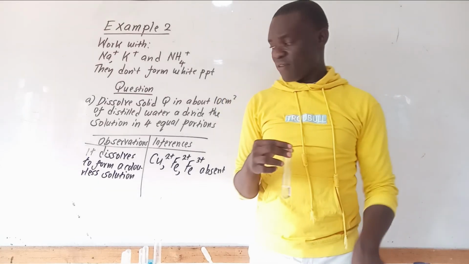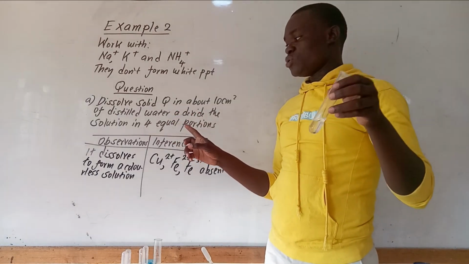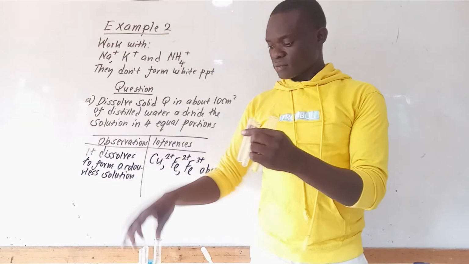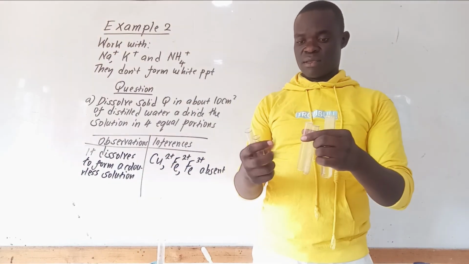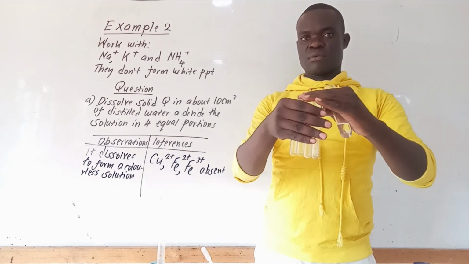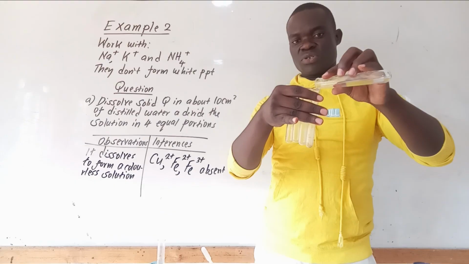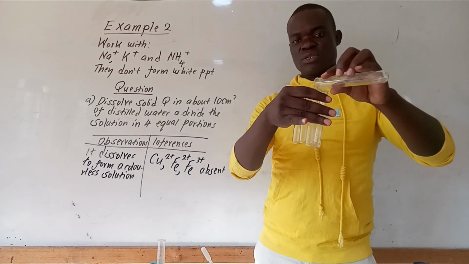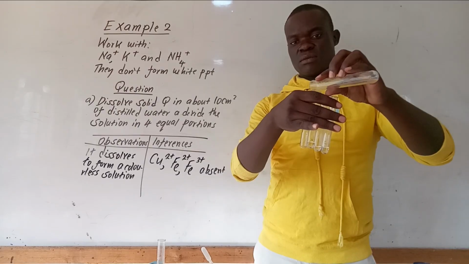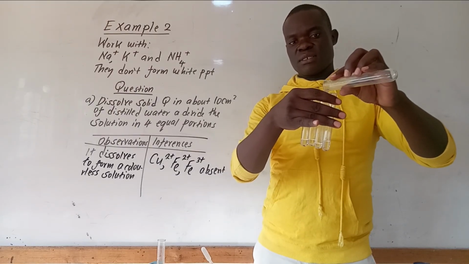So we have been told to divide the resultant solution into 4 equal portions. So I will take again the 3 test tubes. I will divide them into 4 equal portions.